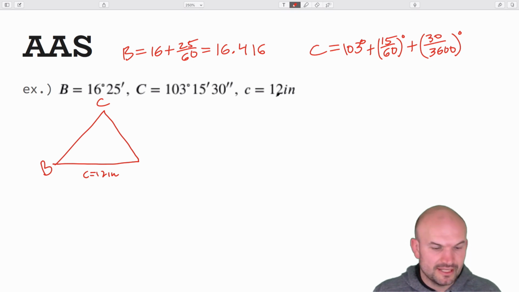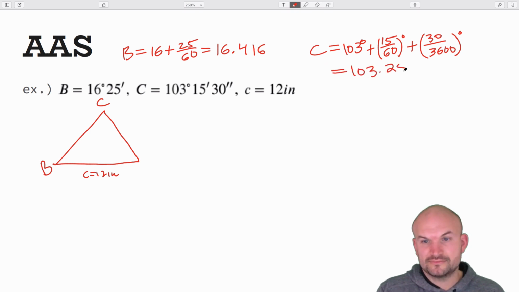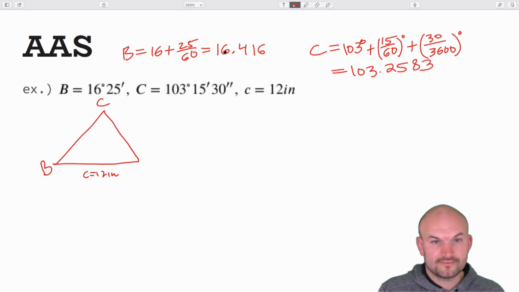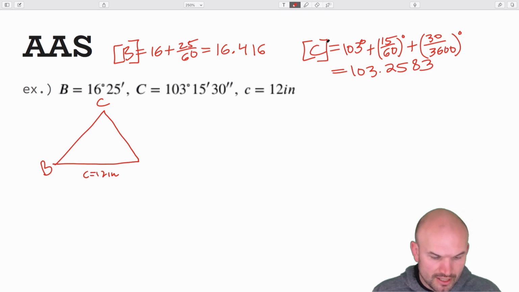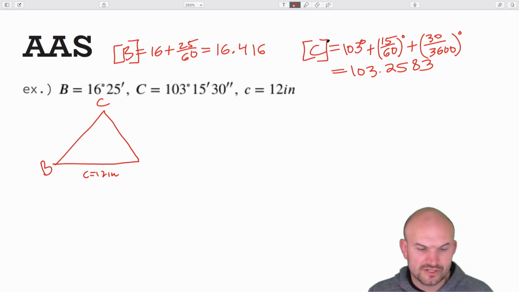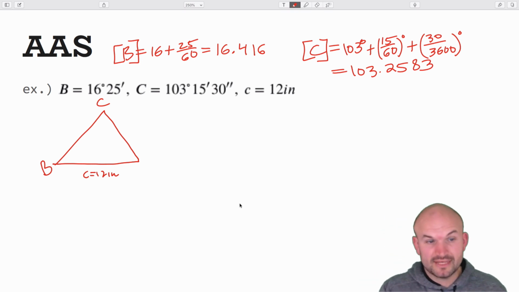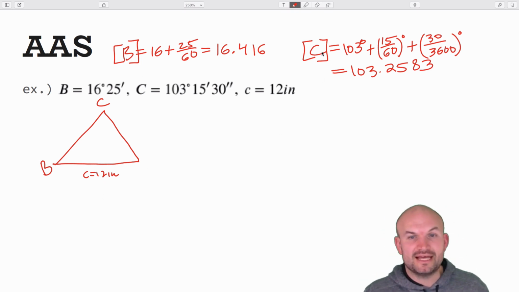And that gives me 103.2583, which could be repeating as well. So again, I'm going to store this answer. When I'm storing something, I put brackets around it, which tells me it's now a stored answer. So I'll hit store alpha C. Now I have these two angles stored as alpha B and alpha C.